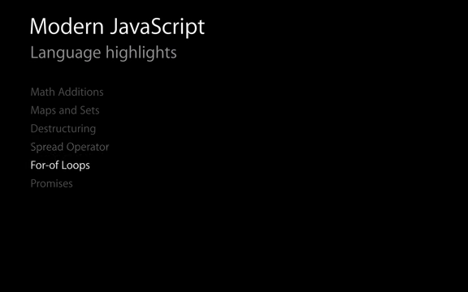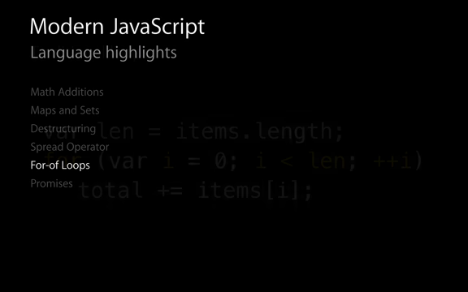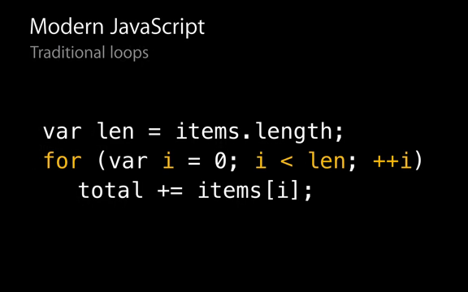Now let's talk about something new, a new for loop that's available in JavaScript. JavaScript has traditional loops, which you can iterate over an array by doing an index and a length. And you still might need to use this if you care about the index or the length and you're doing some complex operation based on those.